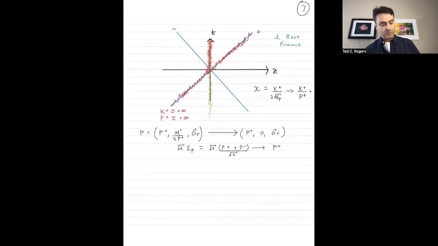So I'm going along this green blob in the vertical direction. I'm not moving. And it's the proton that is moving very fast. Well, if I'm boosting in the z direction, the transverse components don't change. But now the z components get very large.